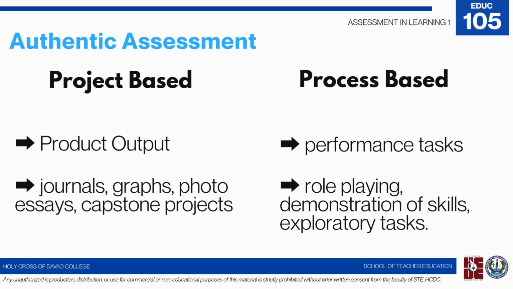Examples are the making of journals, graphs, photo essays, and capstone projects. For process-based, these are mainly performance tasks. An example would be role-playing, demonstrations of skills, such as in cooking or sewing activities, and also exploratory tasks in science subjects.